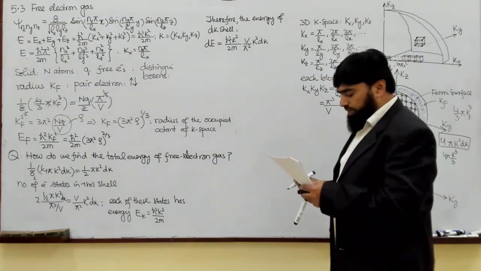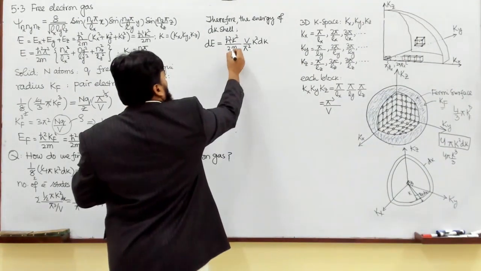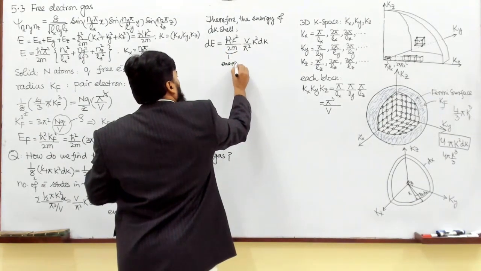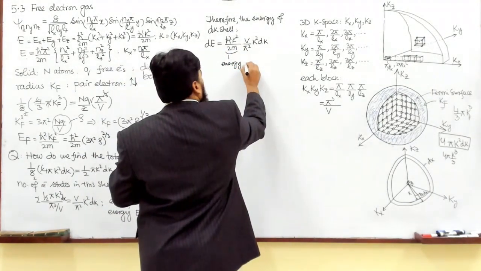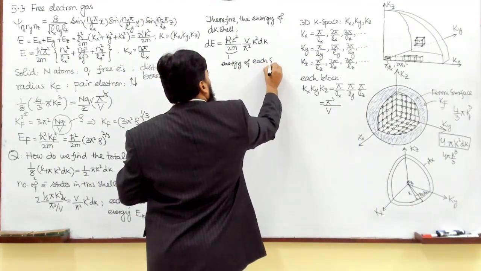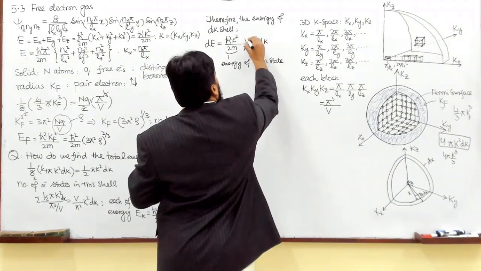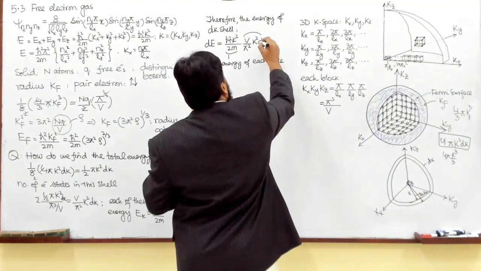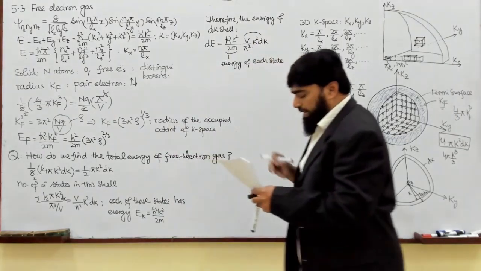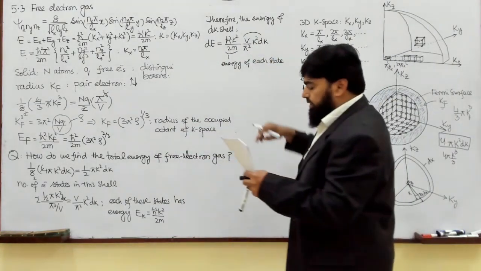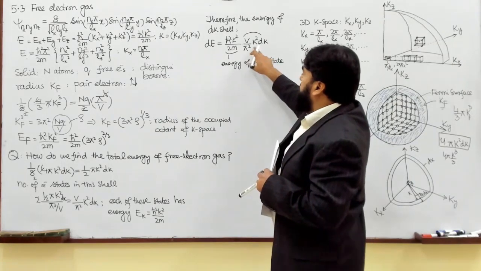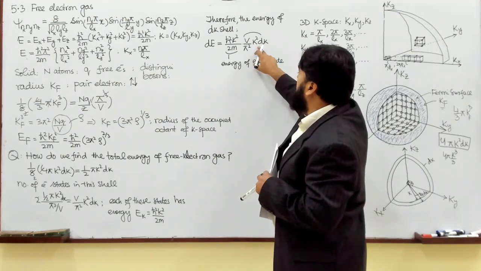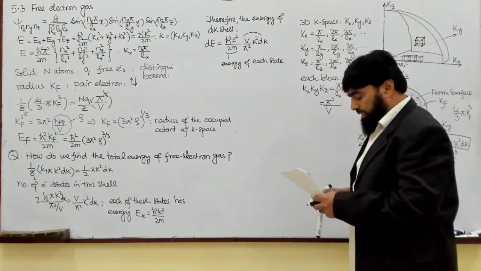This one is the energy of each state, while this one is the number of states in the shell. So the energy of each state and the number of electrons in that thickness.